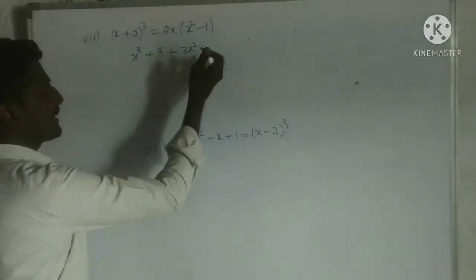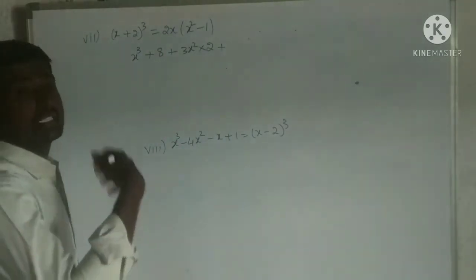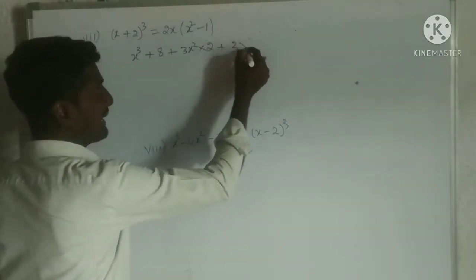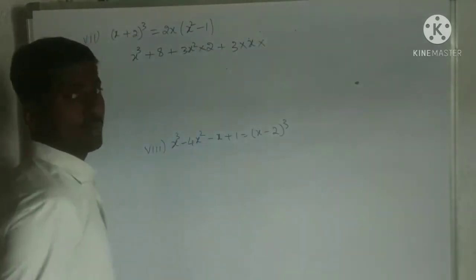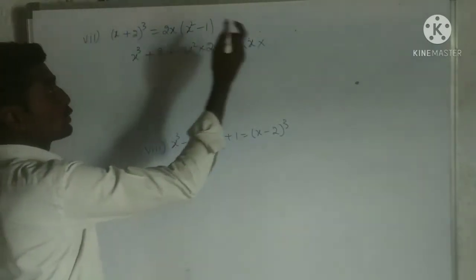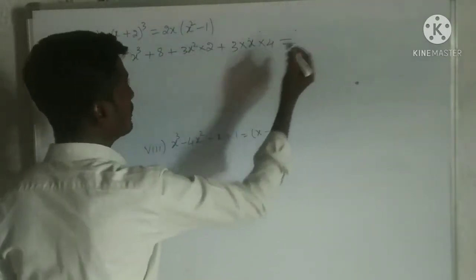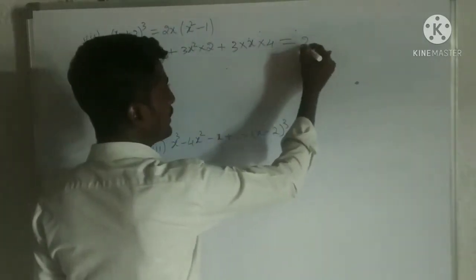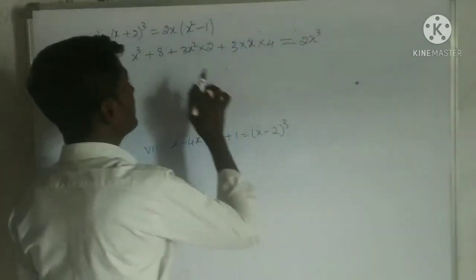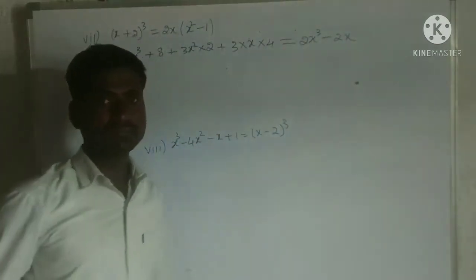B is nothing but 2. Plus 3ab square, 3a, a is nothing but x, into b square, 2 square, it is 4. Then equal to. Now multiply this. 2x into x square, that is 2x cube. 2x into minus 1, that is minus 2x.